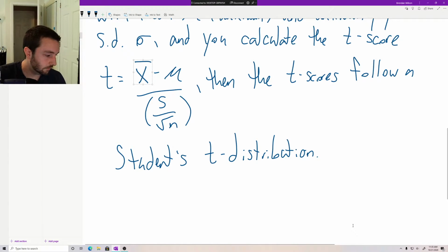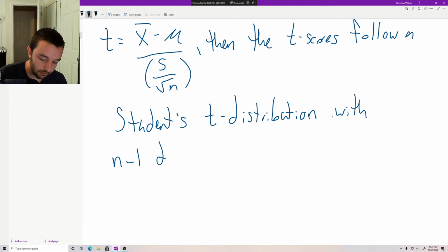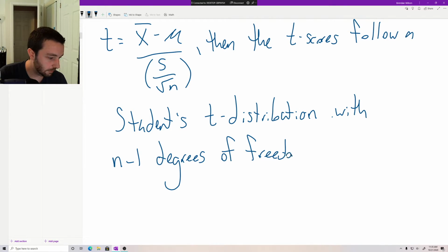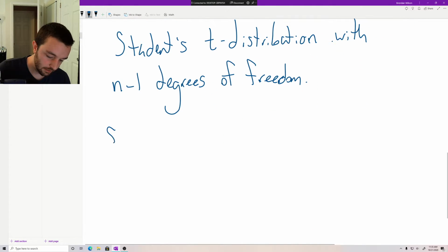So specifically, it's the Student's t distribution with n minus 1 degrees of freedom. Okay. So this is something we haven't defined yet. I think the book defined it earlier, but let's write a side note here.